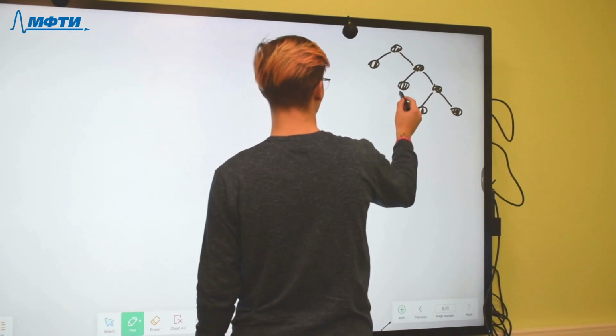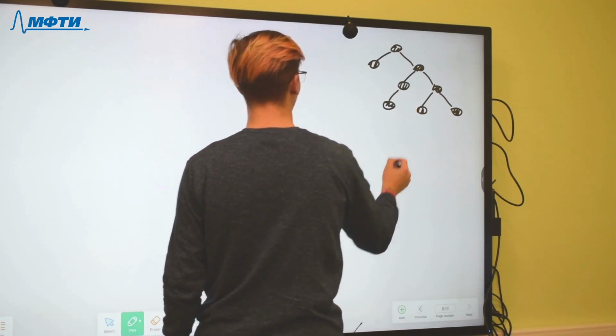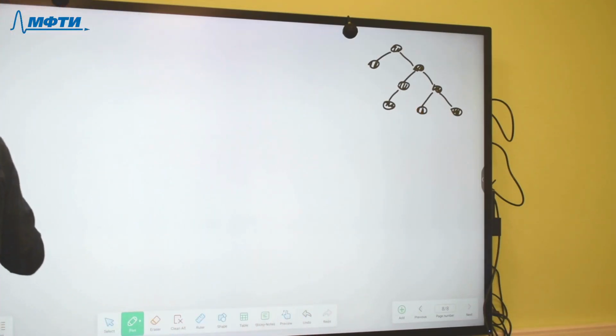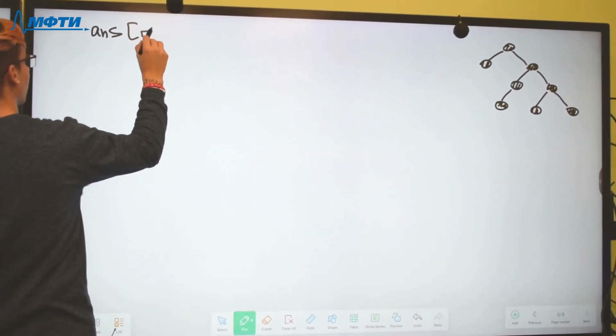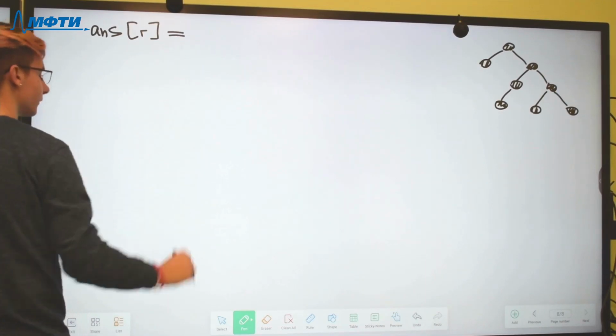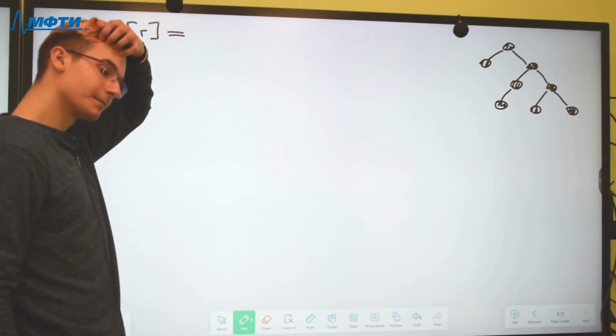To understand what is the answer of the root, what is the maximum path?